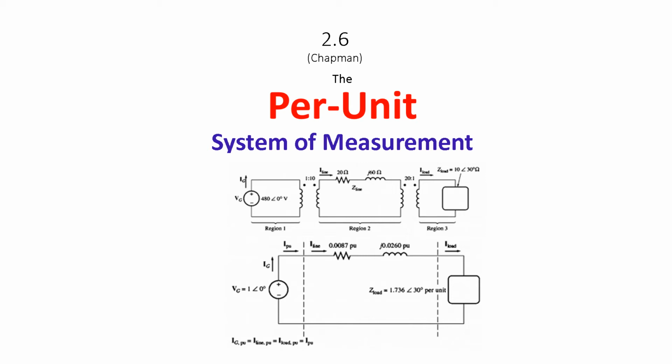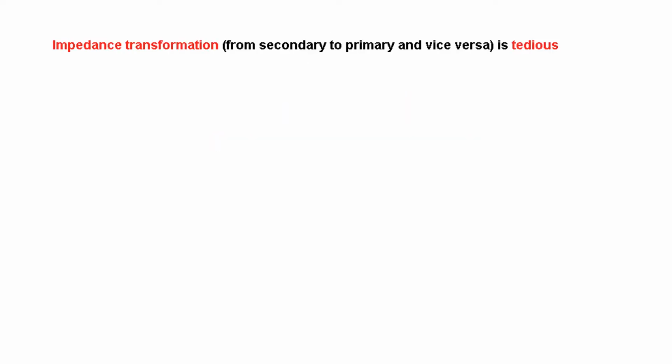Bismillahirrahmanirrahim. In this video, we'll study per unit systems of measurement, and this is from Article 2.6 of Mr. Chapman's book. Now, we had seen in the earlier video that the impedance transformation from secondary to primary and vice versa is not easy, it is quite tedious.